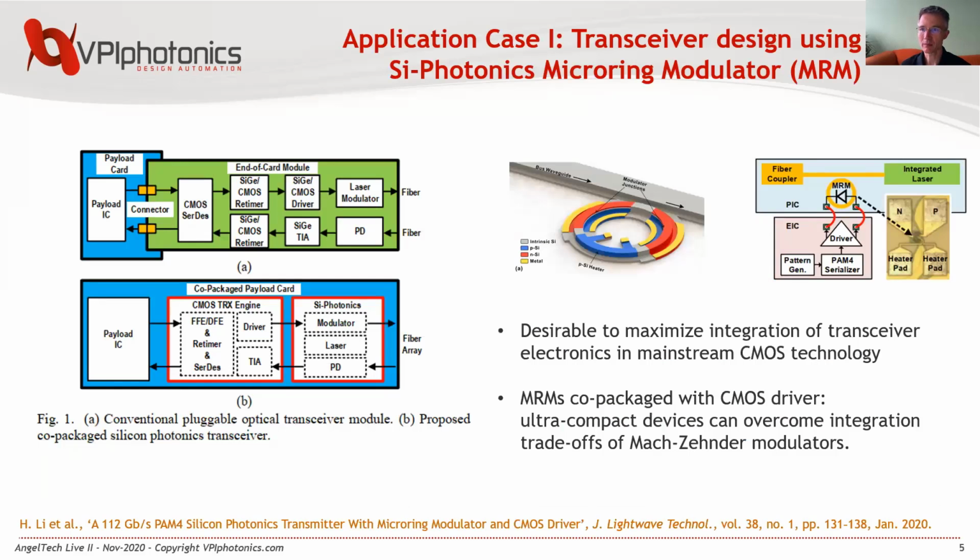Okay, here's the first application case. Microring modulators are very promising when it comes to a tight integration of electronics and optics. Because of their small size, they're good candidates for overcoming the integration trade-offs of commodity-based Mach-Zehnder modulators.